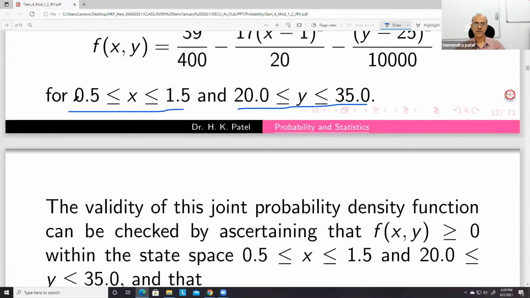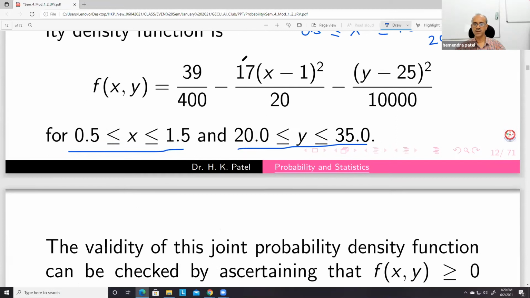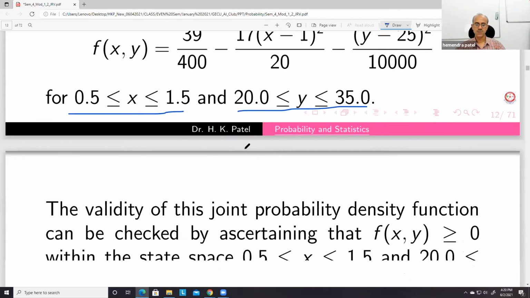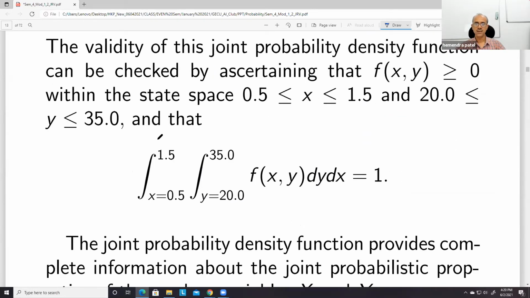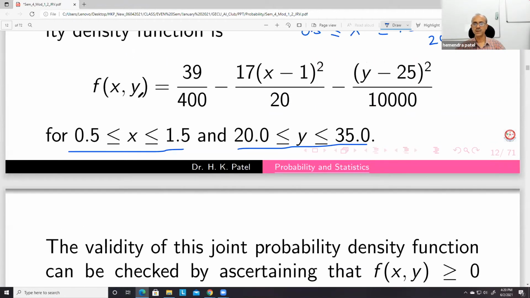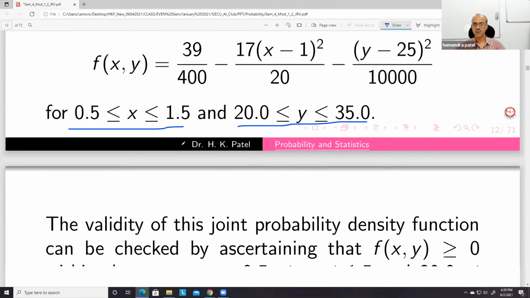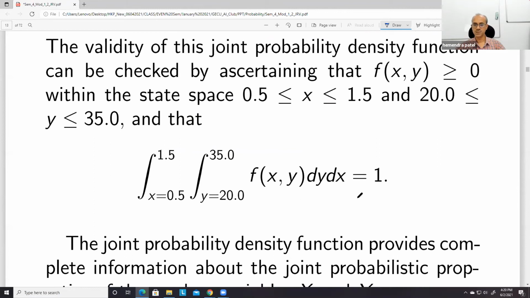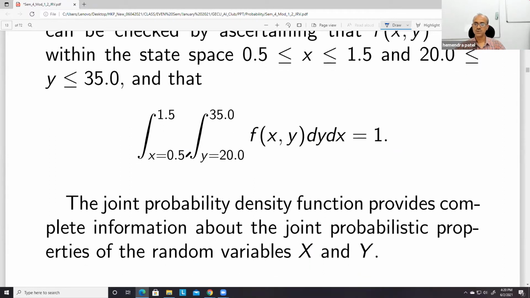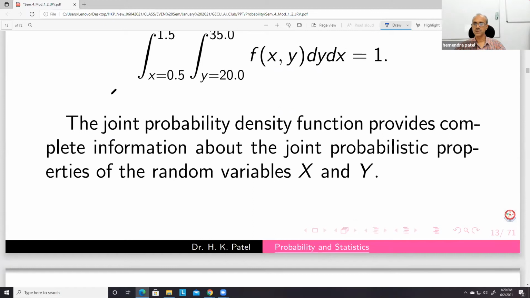When x lies between 0.5 and 1.5 and y lies between 20 and 35, you can prove that this value is always greater than or equal to 0. And then again we can prove that the integral of this is equal to 1, that is total. So this integral is equal to 1. I'm not given here the solution actually, just so we should know how to do it. This is a double integral. We can do that.